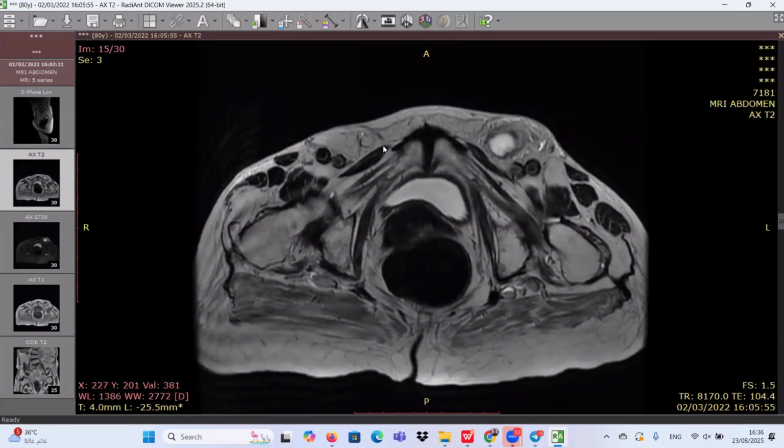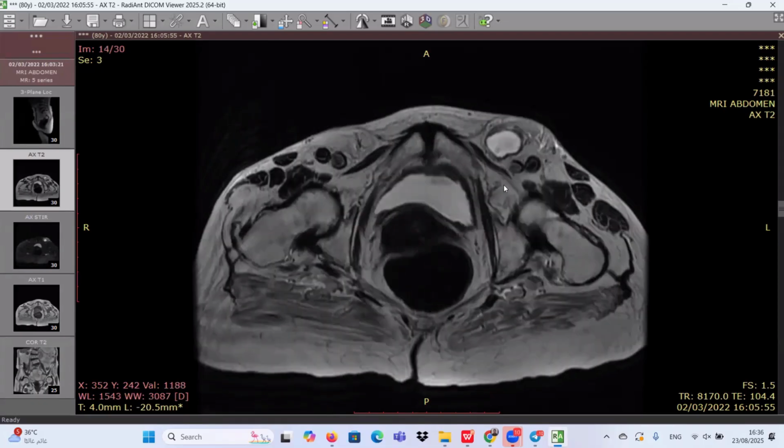If you compare, this is the pectineus muscle on the right side and this is the pectineus muscle on the left side. As you see here, we have slight indentation of the pectineus muscle. Do you agree? Yes. So this is a femoral hernia. If you find the femoral vessels here displaced posteriorly, you are dealing with a femoral hernia.